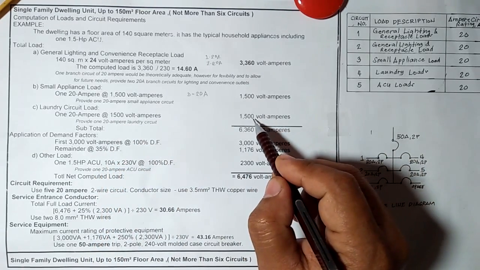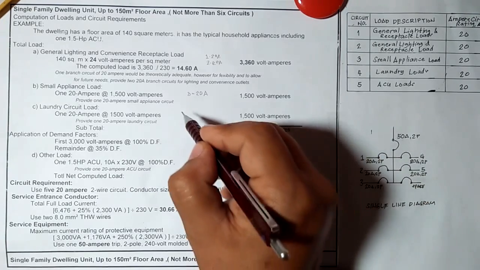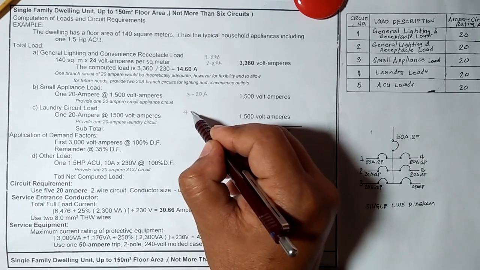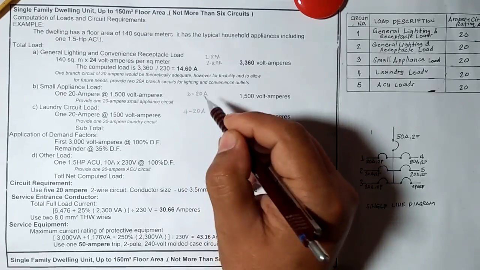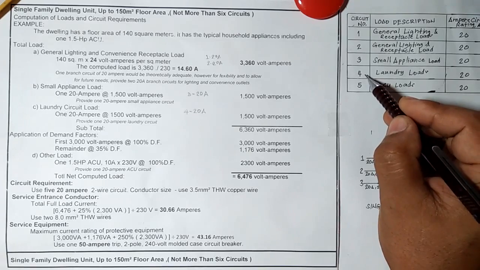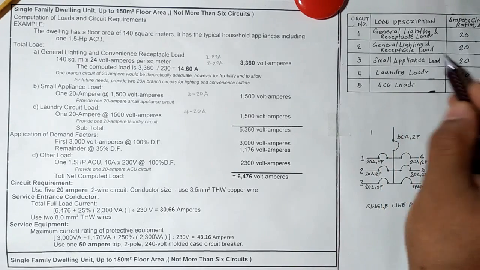So this is now our fourth, number 4 branch circuit of 20 ampere. Again, I put it in my table: circuit number 4, laundry loads, 20 ampere.